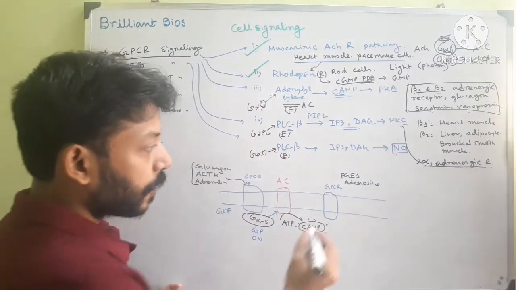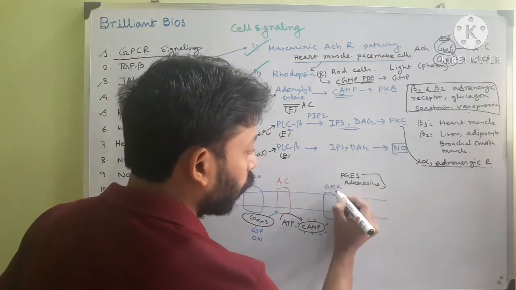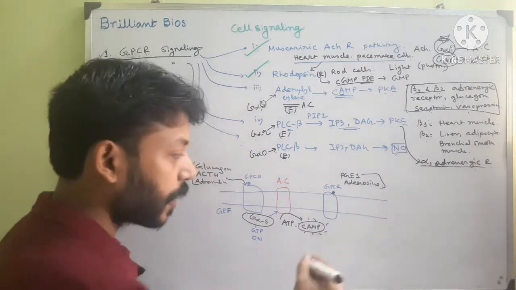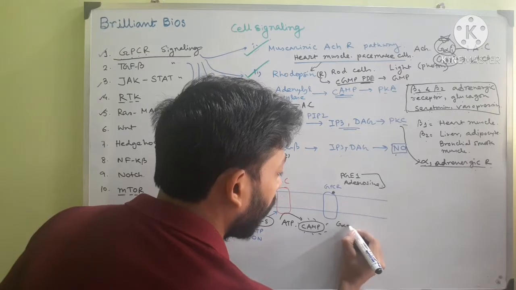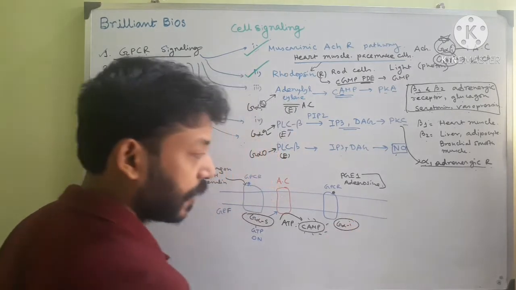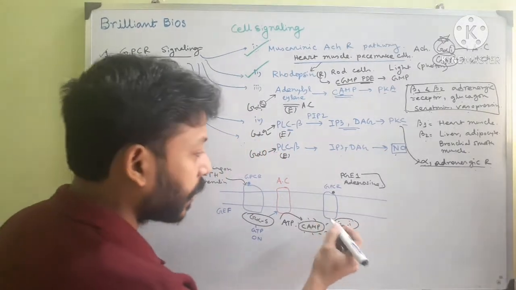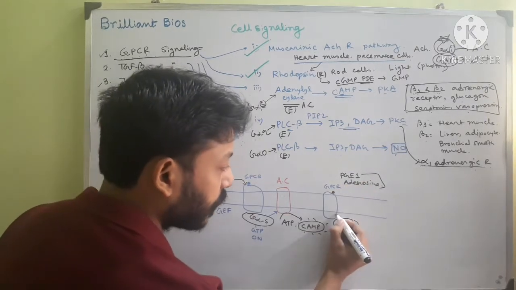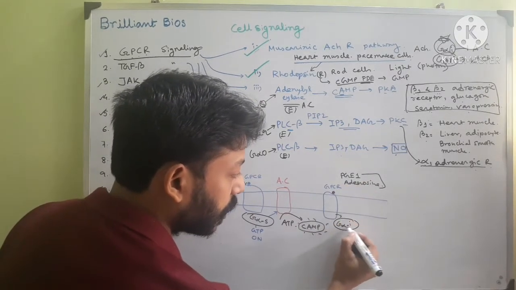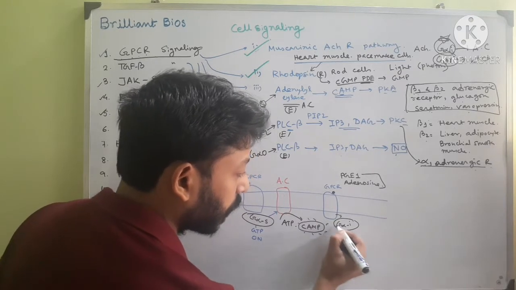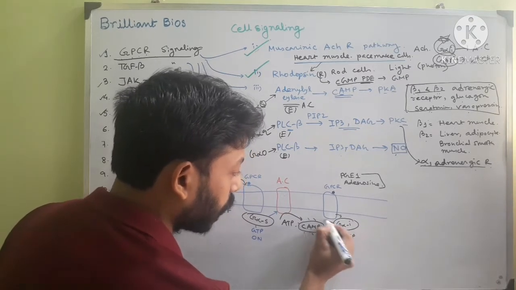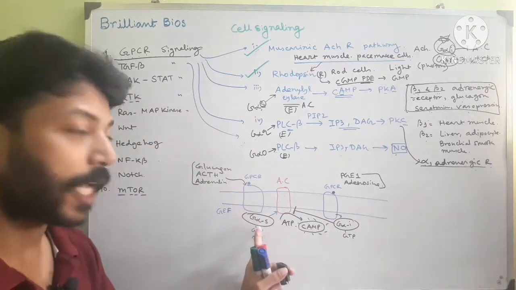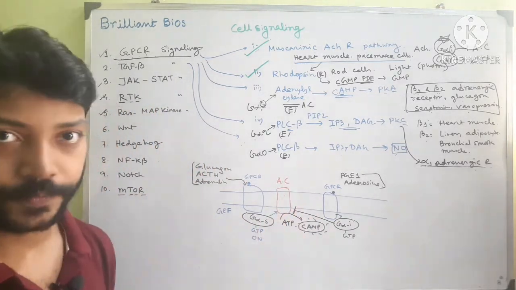So when these two molecules bind with a particular G-protein coupled receptor that is associated with another G-protein, G-alpha I, which is G-alpha inhibitory, the GPCR activates this G-alpha I into the GTP conformation. Then this G-protein performs the opposite function of G-alpha S and inhibits the adenylyl cyclase.